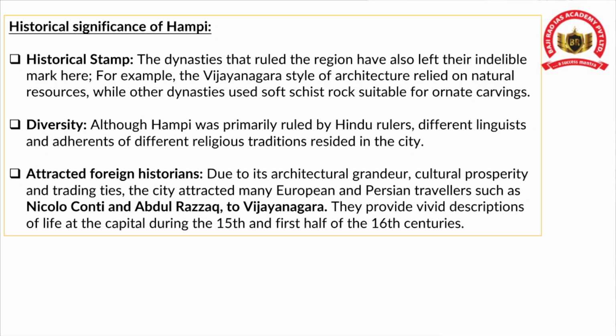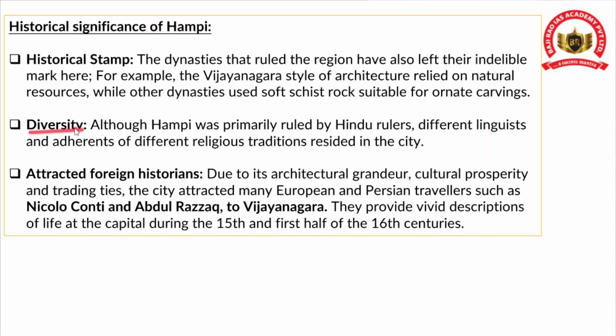Therefore they used the natural resources. While on the other hand, other dynasties used elements like chlorite schist rock, which is suitable for ornate carvings. Even though the temple walls and pillars at Hampi have rich carvings and sculptures, they used locally available natural resources. So this is the first historical significance of Hampi architecture.